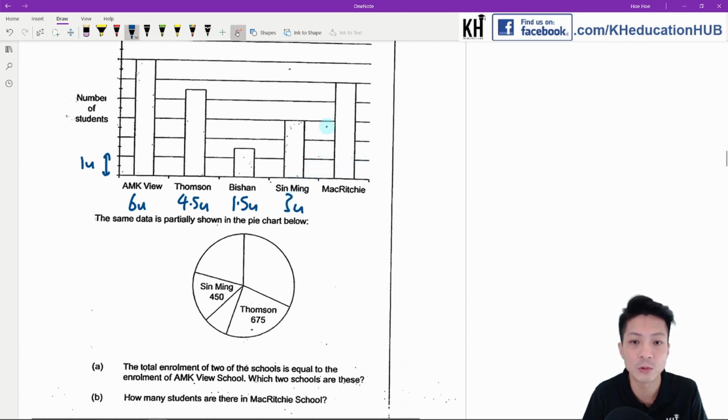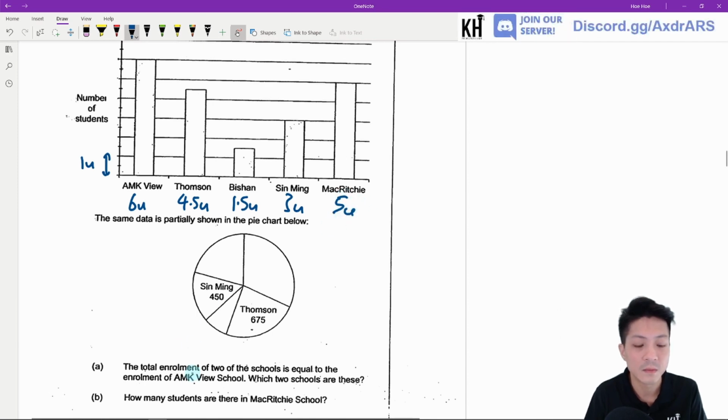McRitchie will be 1, 2, 3, 4, 5 units. The total enrollment of 2 schools is equal to the enrollment of AMK, so AMK is 6 units. Which 2 of them add up to 6 units? It will be Thompson and Bishan. Thompson plus Bishan will be equal to 6 units.